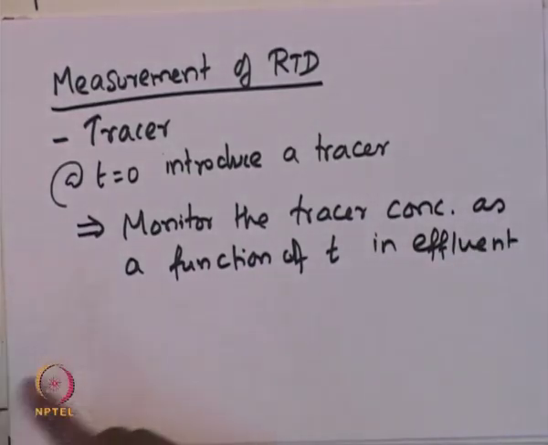So, one can measure the tracer concentration as it flows along with the fluid. The tracer is introduced at the inlet of the reactor, taken forward by the fluid along the reactor, and then it leaves the reactor. So, one can measure the concentration of the tracer material as it leaves the reactor, and that way one can construct the residence time distribution.